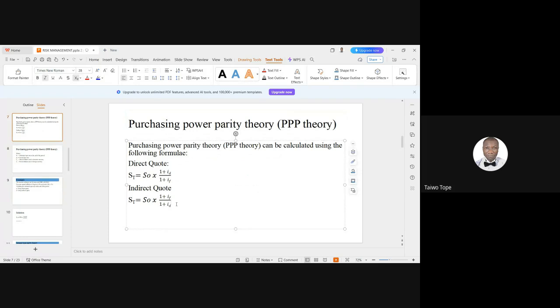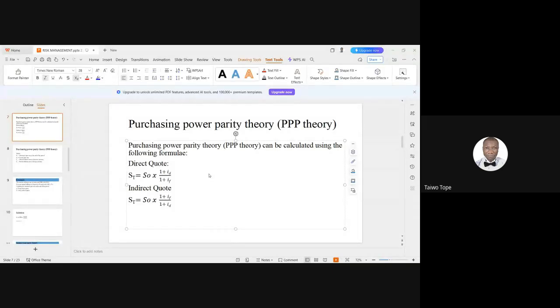I know some persons, when you see this in your study pack, you'll be imagining what kind of thing this is. So when you see such a thing, don't be scared. Just follow it gently and you get it. You'll be wondering what is IF, what is ID.